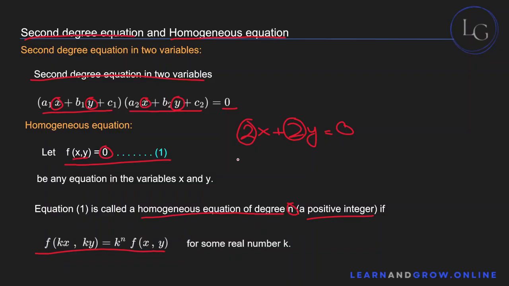So you can write this down as 2x plus 2y, which is basically just f of 2x, 2y. You can equate that equal to 2 into x plus y, or 2 into f of x, y. And hence this is a homogeneous equation.